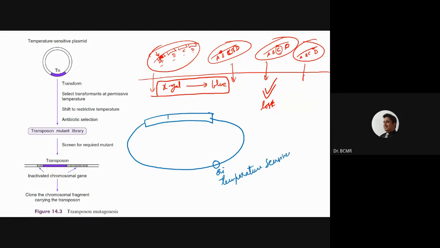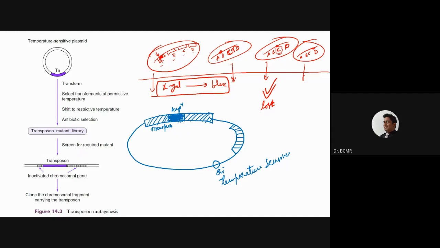The transposon also has an antibiotic resistance gene, say AmpR. The blue one, this is the transposon. So the whole thing is the transposon. We know the sequence of it. The plasmid has the transposase gene also.